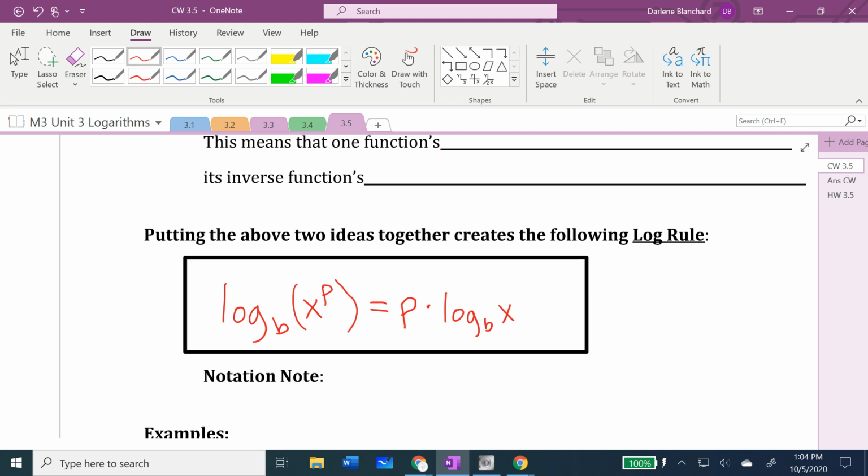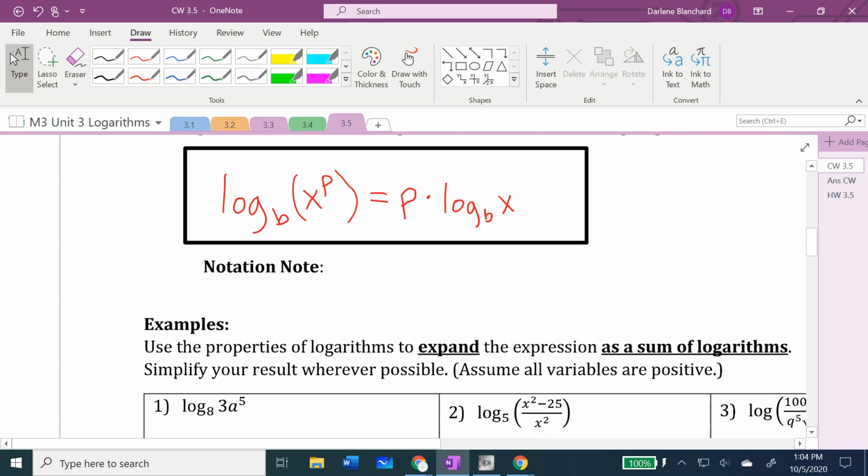So notation note, just to make sure you're clear, I do not have to write a parentheses to mean the same thing, but they probably should have had that done.